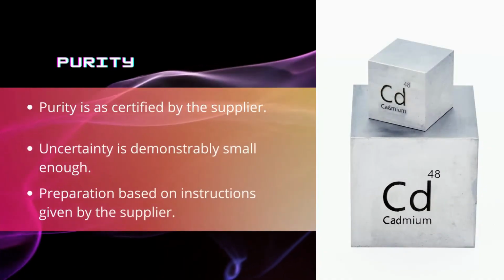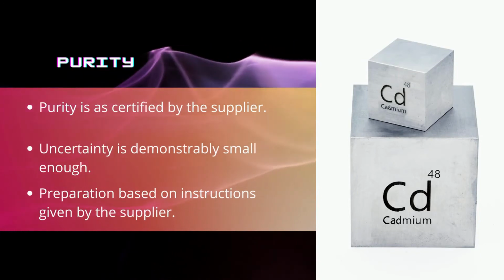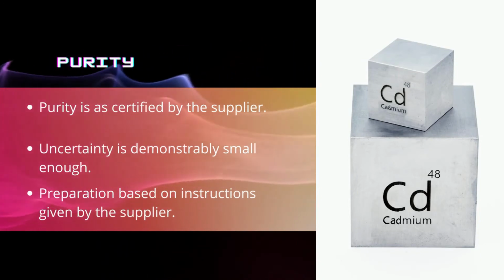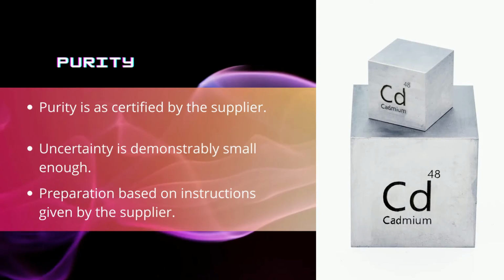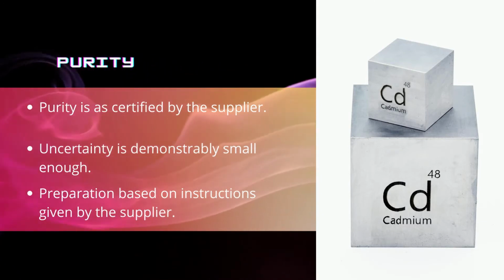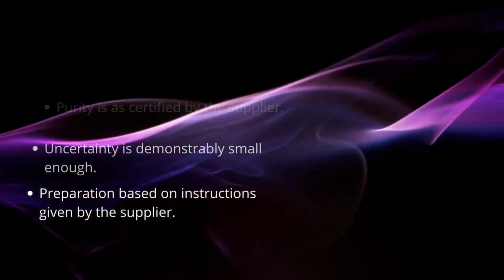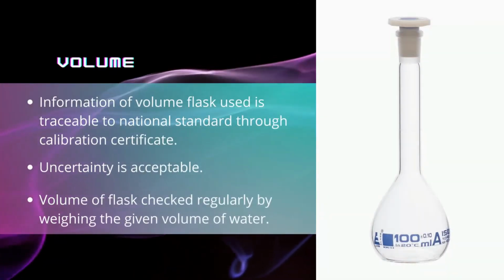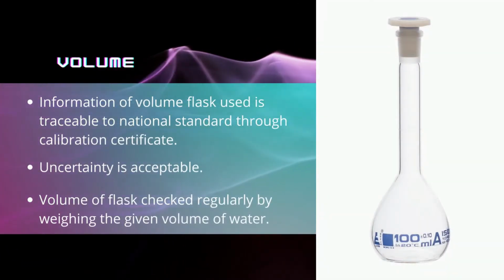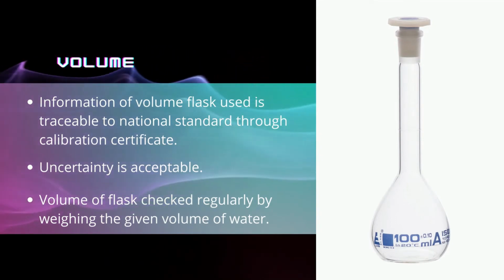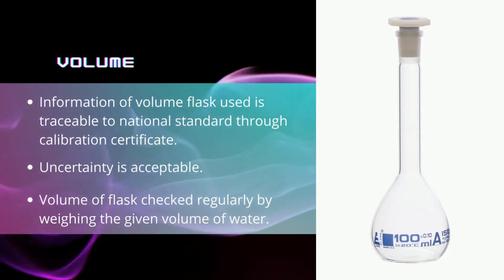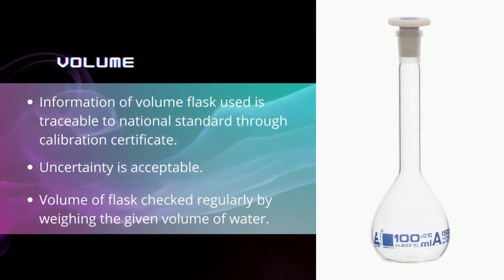Next, the purity of the cadmium metal is certified by the supplier. The uncertainty is demonstrably small enough for the purpose, and the preparation is based on the instructions given by the supplier. For the control of volume, the volumetric flask used is traceable to a national standard through a calibration certificate. The uncertainty is acceptable.